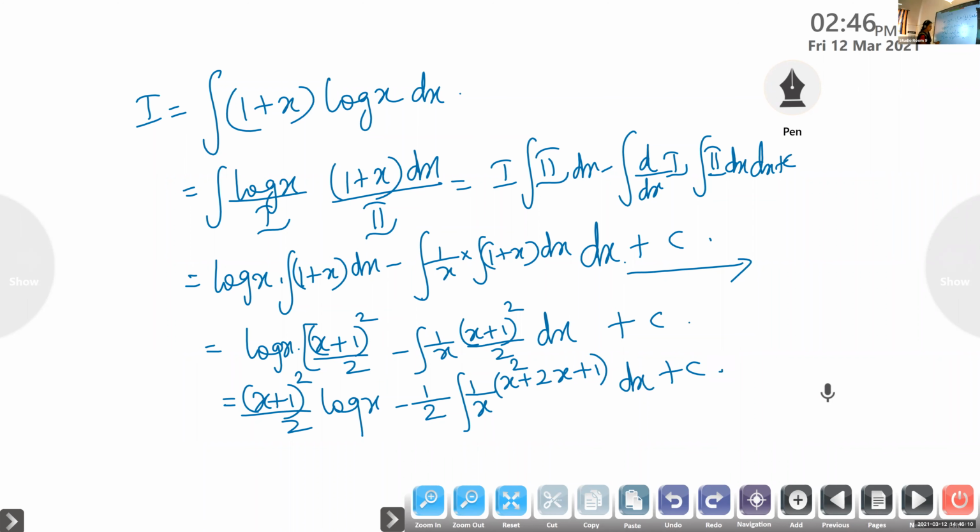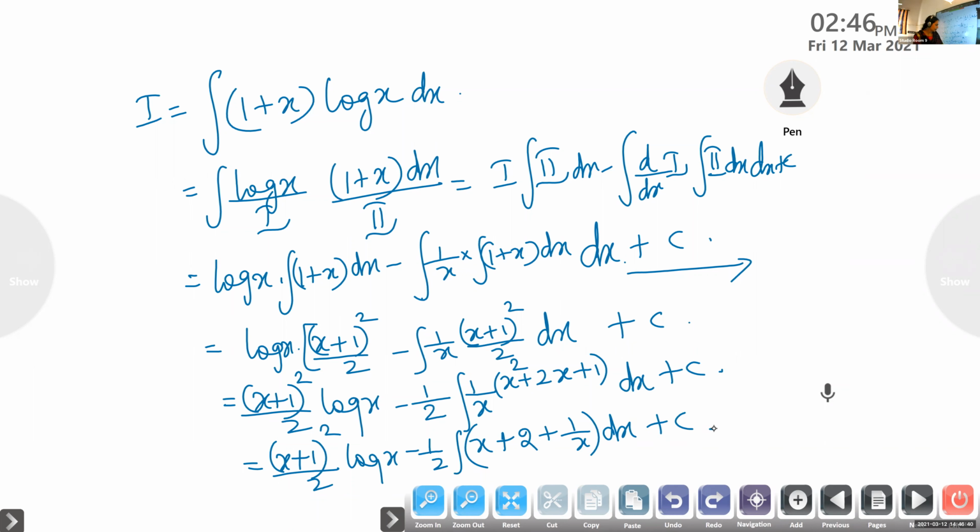So that is x plus 1 the whole square by 2 into log x minus half into the integral of. Now open the bracket, use distributivity. X square by x, you will get x. Is it okay, Karthik? Plus 2x by x means 2, plus 1 by x, dx plus c.